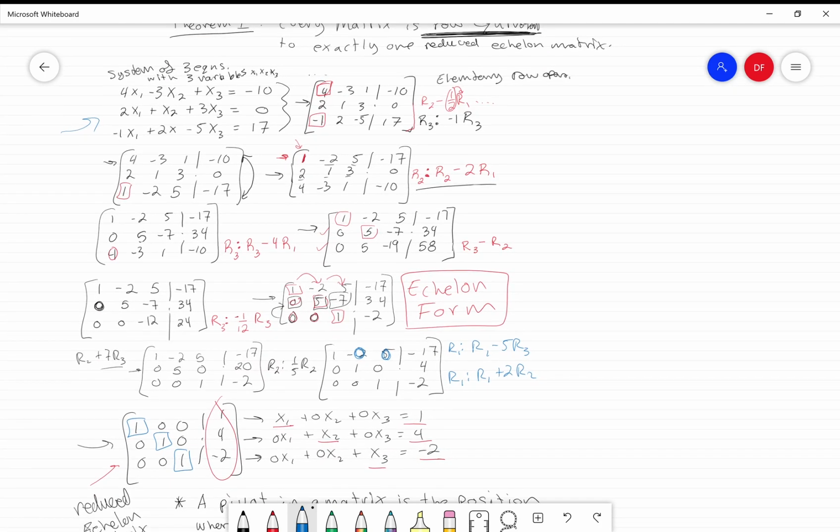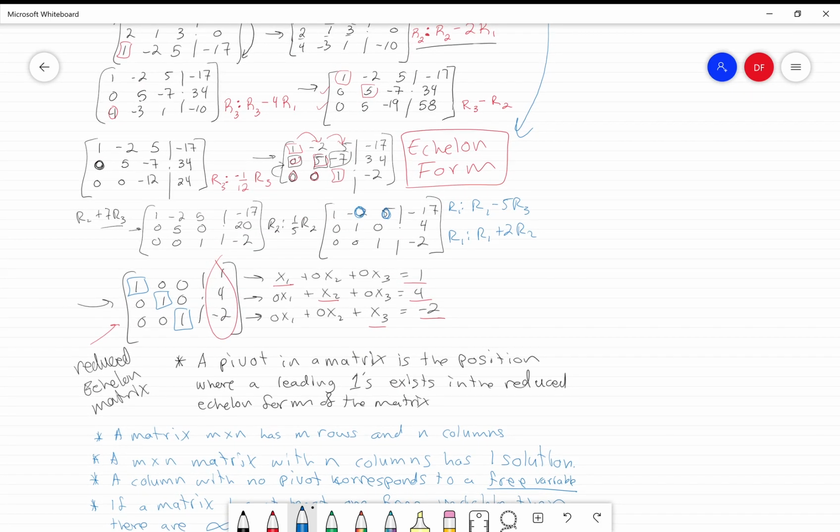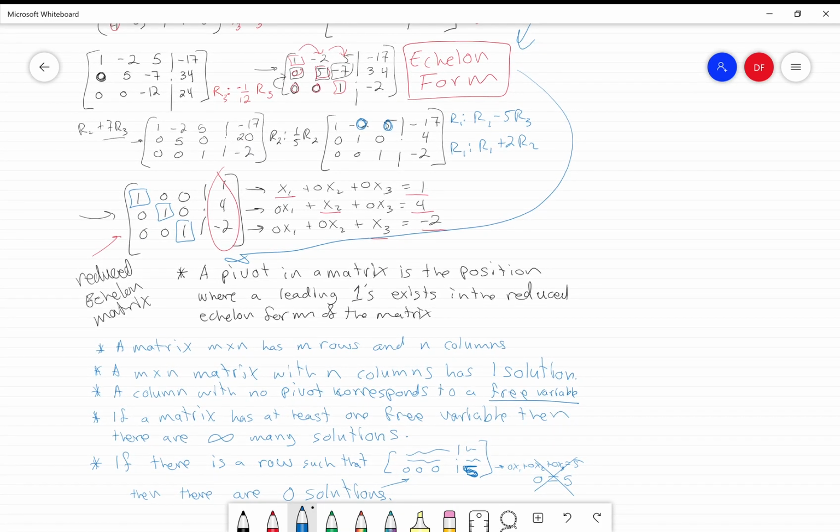Okay, we did an example so that you can see how you should take a matrix and make it echelon form, and then how you should take the echelon form and make it reduced echelon form. Okay, and we saw that in this case, because there was a pivot in every column, there's only one solution. This is the solution, x1 equals x2 equals x3.